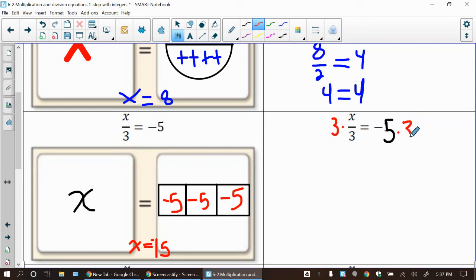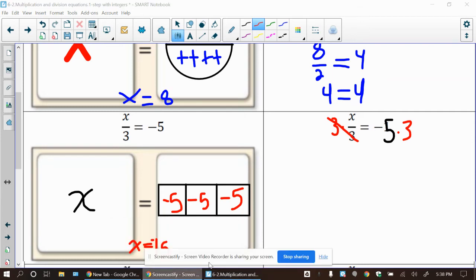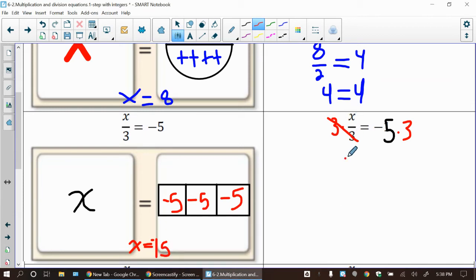I want to multiply both sides by 3 because then these cancel. Then I'm only left with my x on one side, and I just have to take a negative times a positive, which gives me a negative, and 5 times 3 is 15.